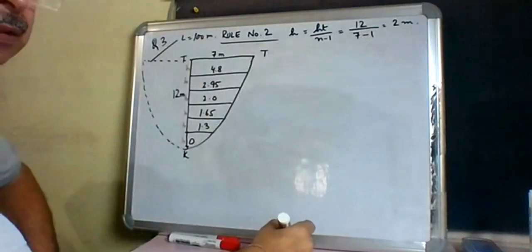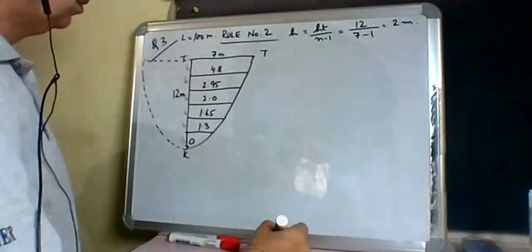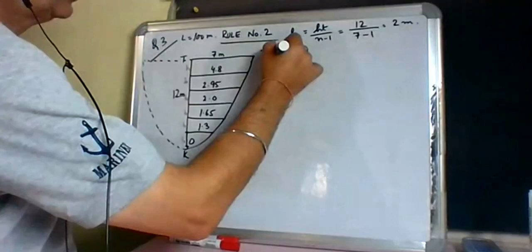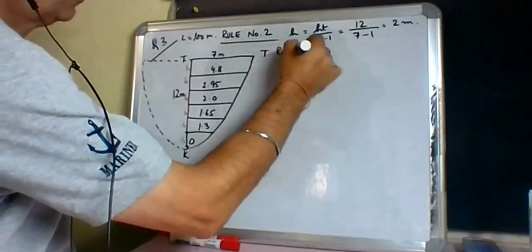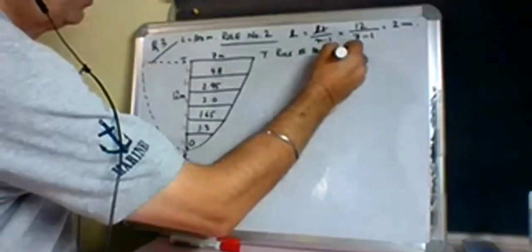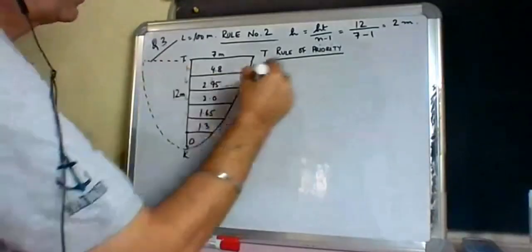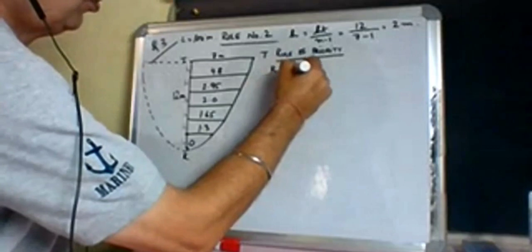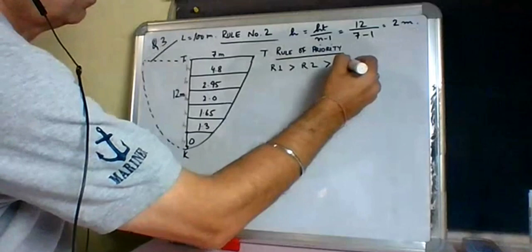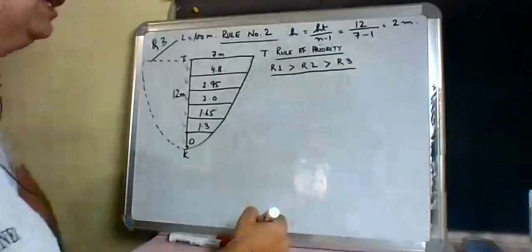Both the rules are applicable. So we will use what is called the rule of priority. The rule of priority says rule 1 will prevail over rule 2, will prevail over rule 3.